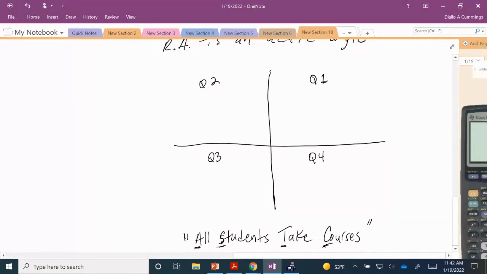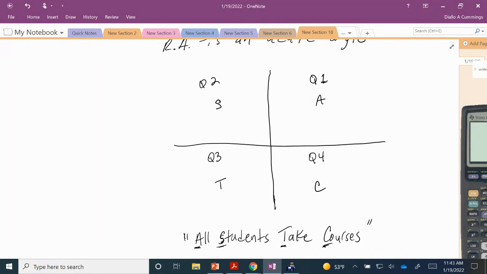So All Students Take Courses means this: A, S, T, and C. Notice my pattern: starting with quadrant 1 and ending with quadrant 4.